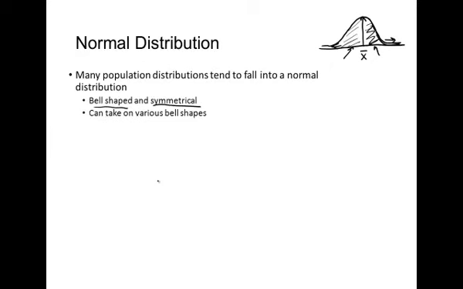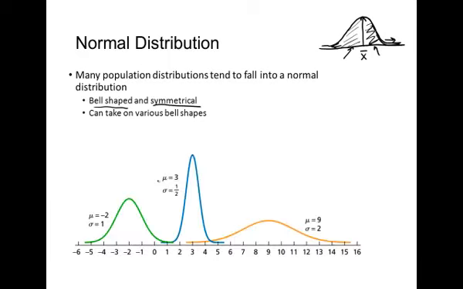Not every single normal curve is exactly the same. There are many different shapes and sizes of the bell shapes. So here's a couple of examples. Remember that mu means the population mean, right? So the population mean here is 9, and the standard deviation is 2.